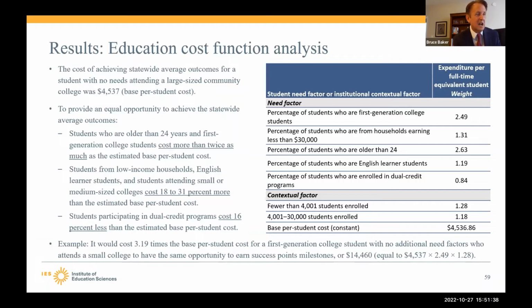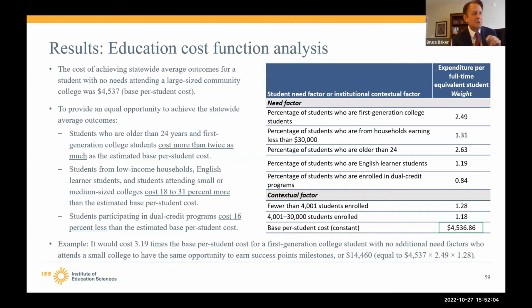So if you had an institution that was all lowest need students and ran at efficient scale, you'd have a pretty low per student cost to get the statewide average outcomes. Of course, that's not a condition that really exists anywhere. So let's get a little more to reality here.